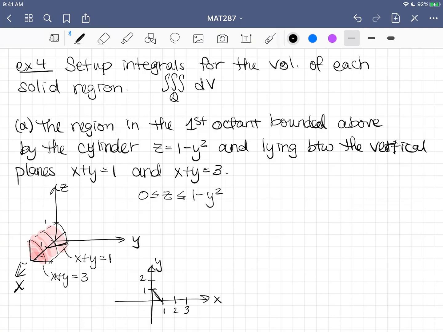Okay, so here is y equals 1 minus x, and this is y equals 3 minus x, so that's going to cross at 3, 0, when x is 3. And now the region that we want stops when y is 1. So we're going to stop here.